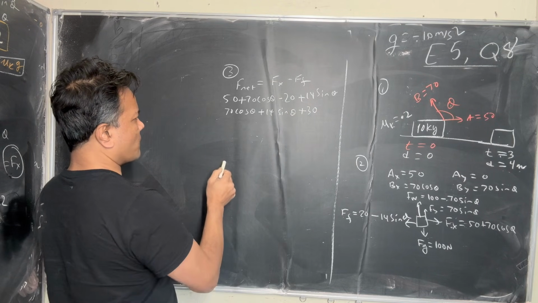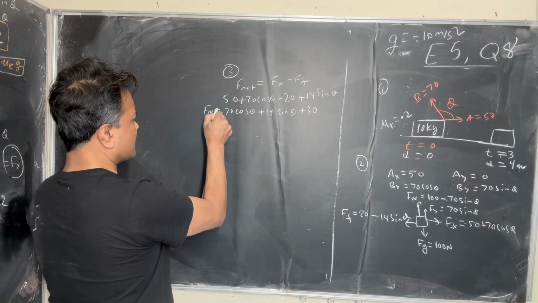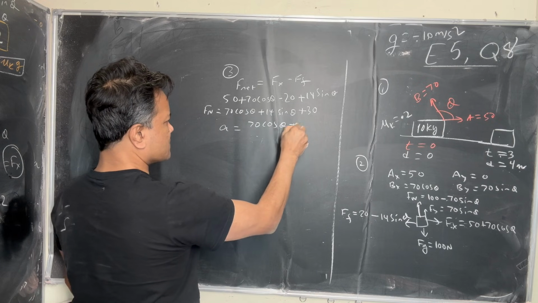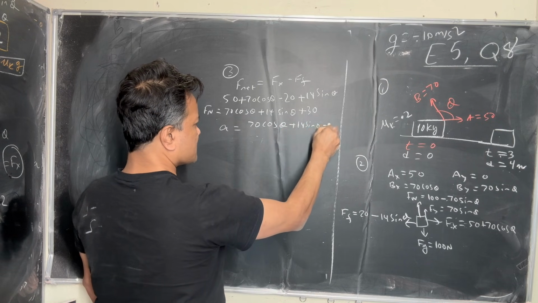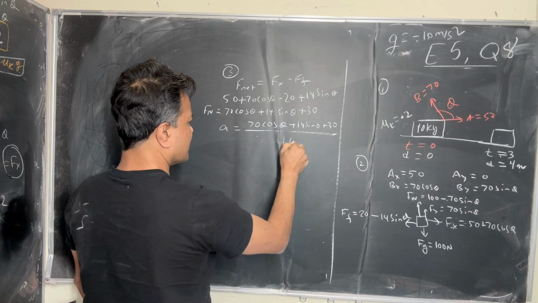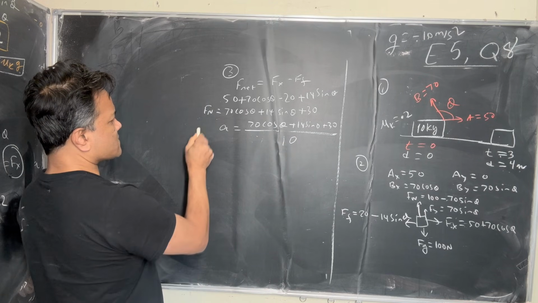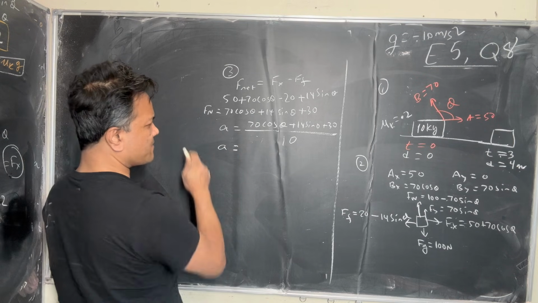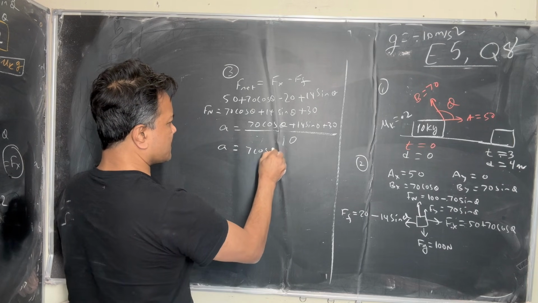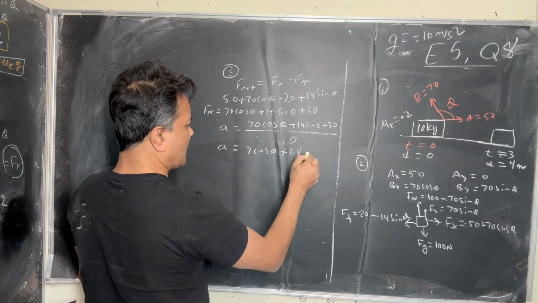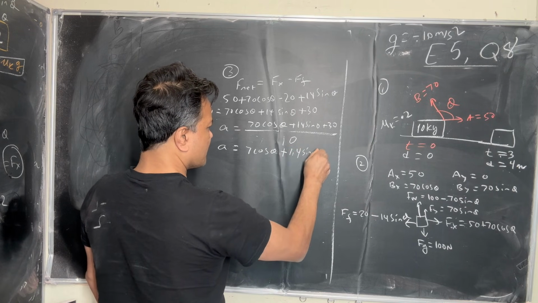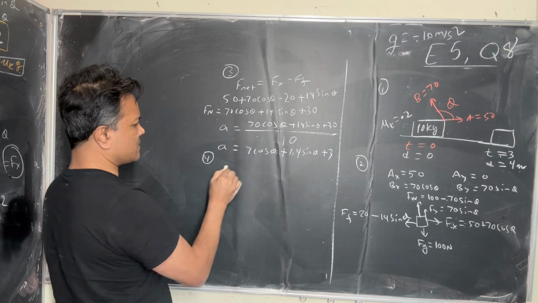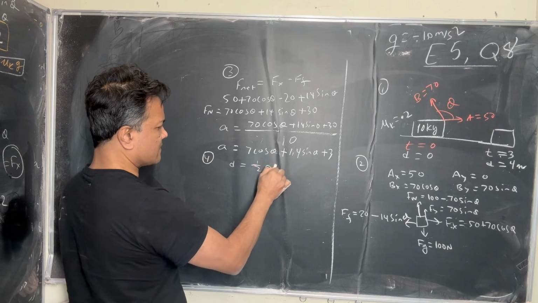This is our F net. So our acceleration is 70 cosine theta plus 14 sine theta plus 30, divided by 10. That is 7 cosine theta plus 1.4 sine theta plus 3. This is our acceleration.